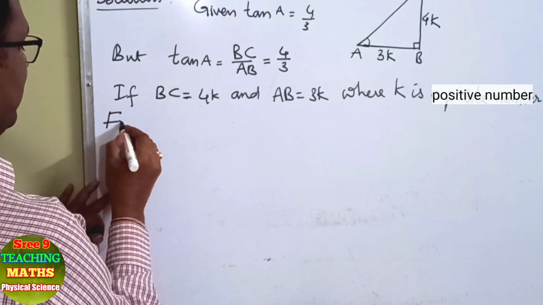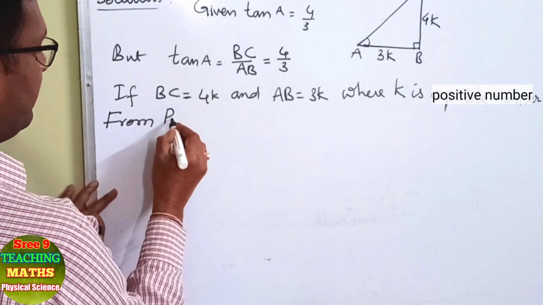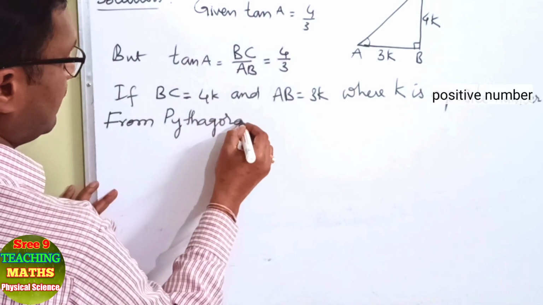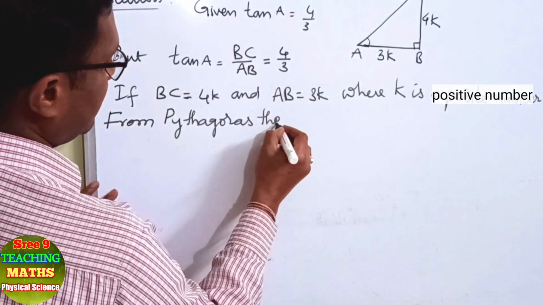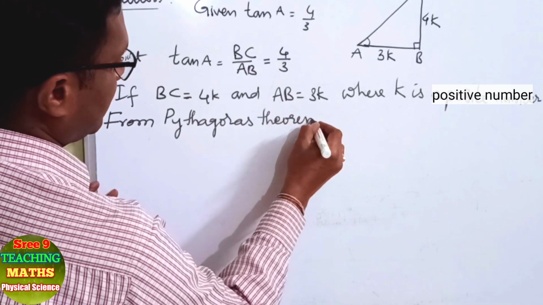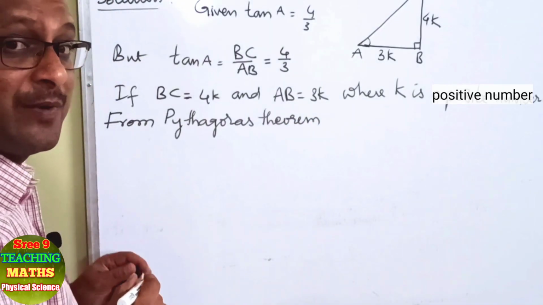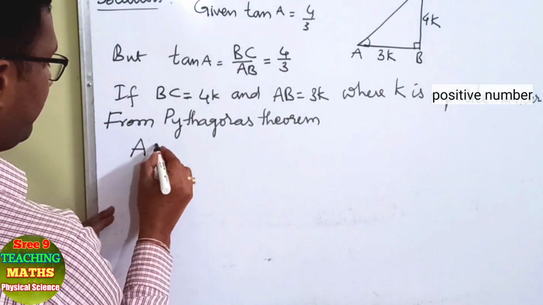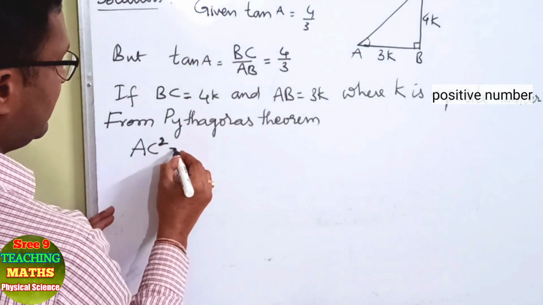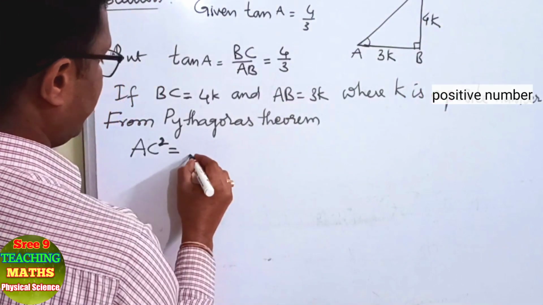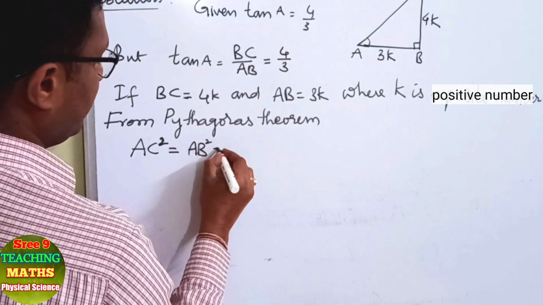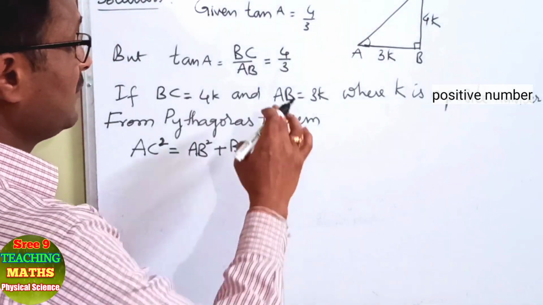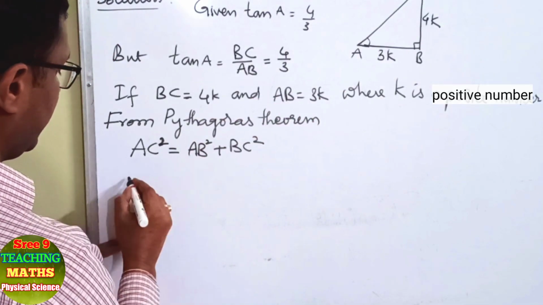From the Pythagoras theorem, we know hypotenuse square is equal to side square plus side square, that is AC square is equal to AB square plus BC square. Now substitute the values here.